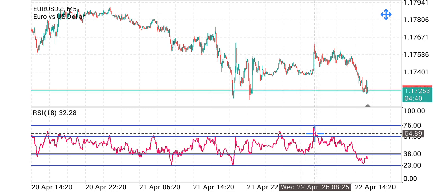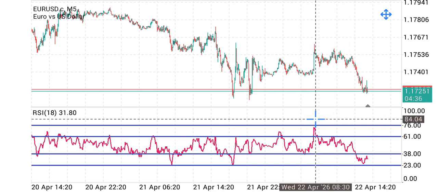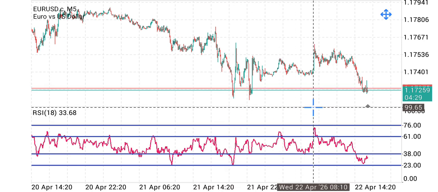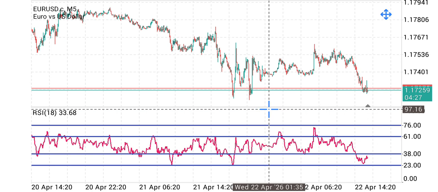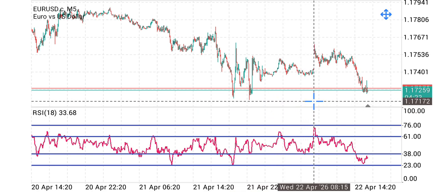So by 9 o'clock, we get the resistance from Asian session, to get the Asian session direction and to get the New York session. London session was forming here, then it gave us a resistance.